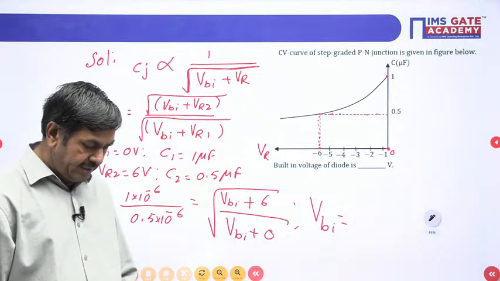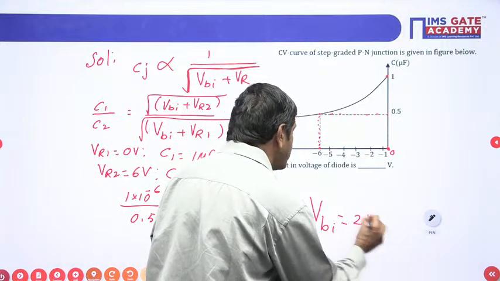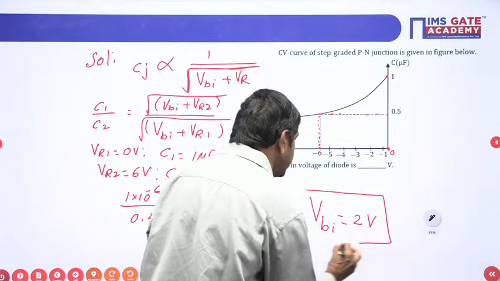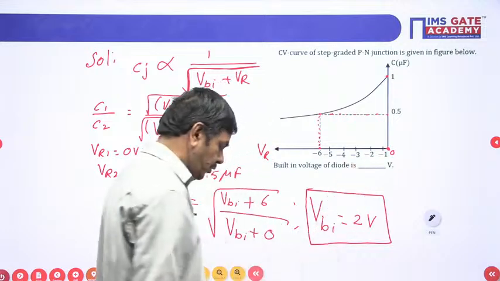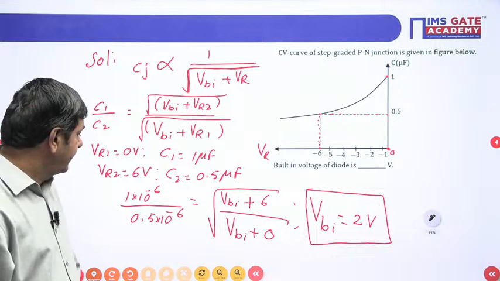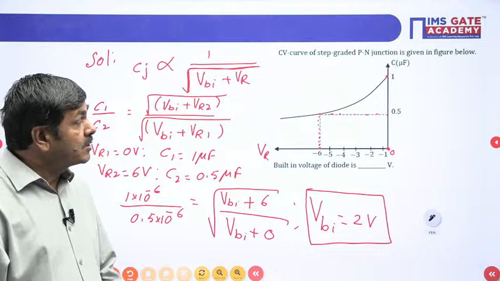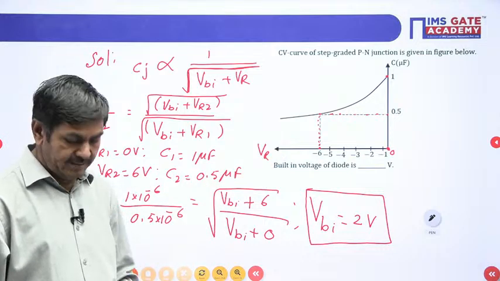Its value is around 2 volts. VBI is 2 volts. The built-in potential is 2 volts. This is the solution for this question. Follow this? It's a very simple question. By using the curve you must find it. Very good question also.